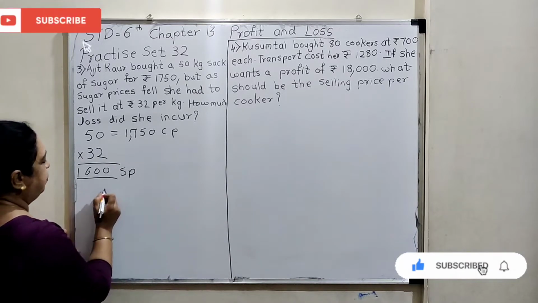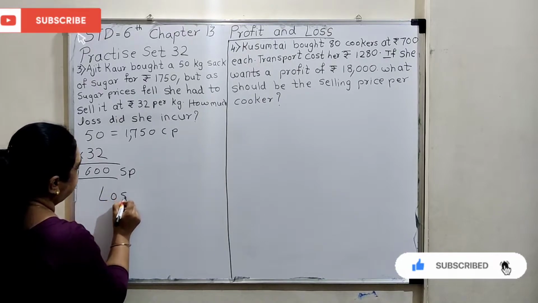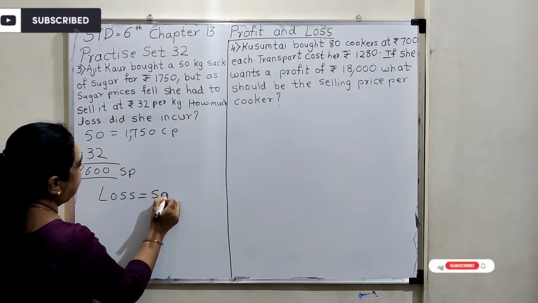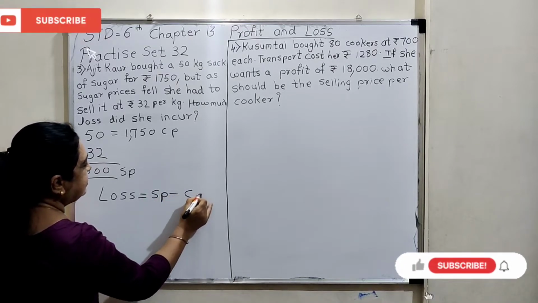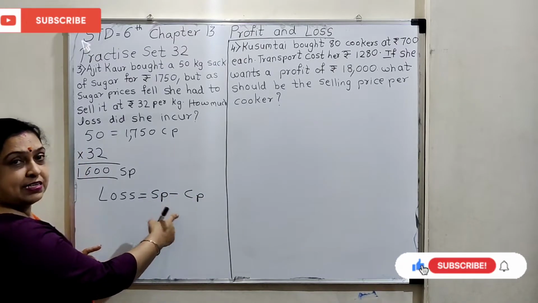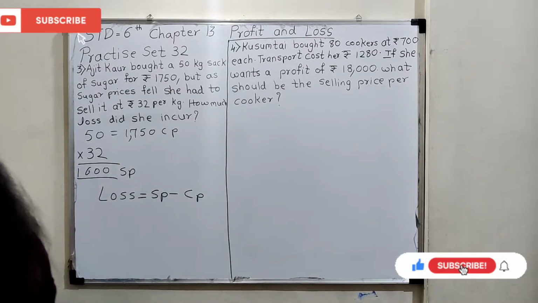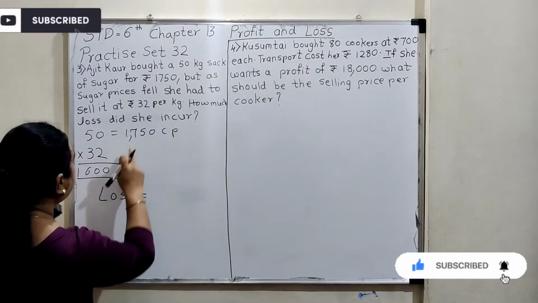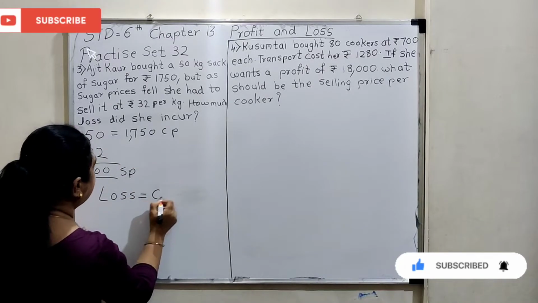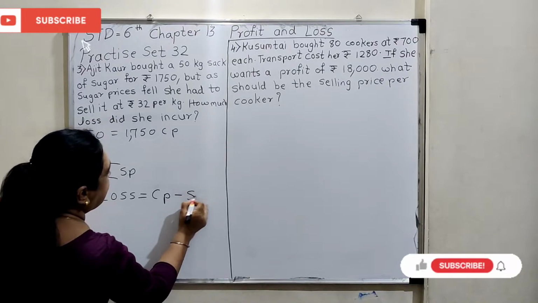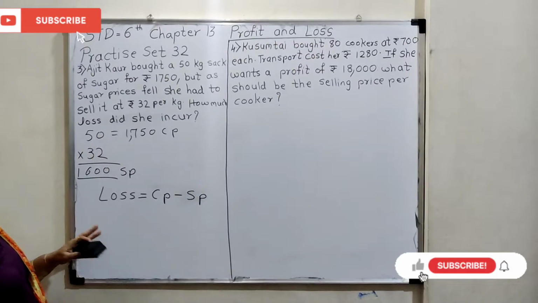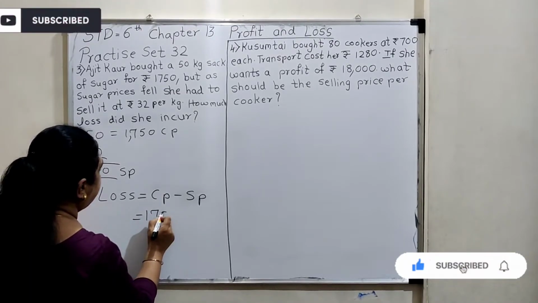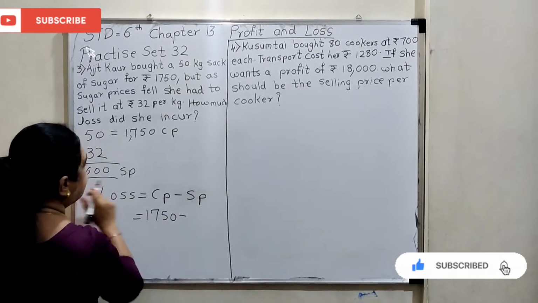So loss is equal to cost price minus selling price. Your cost price is more. So how much is the cost price? It is 1,750 rupees minus selling price.